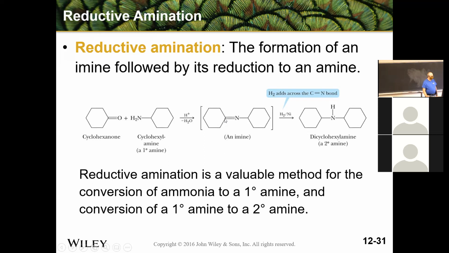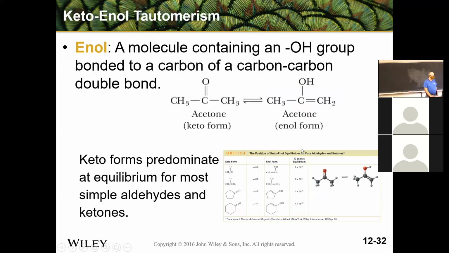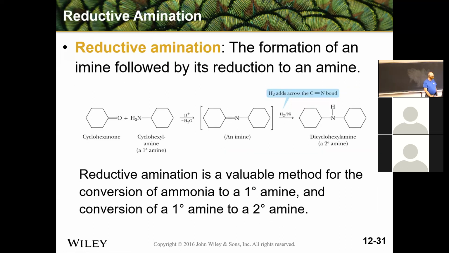So we make the imine and then we add a hydrogen to each side to get the amine. Reductive amination can convert ammonia to a primary amine and a primary amine to a secondary amine.